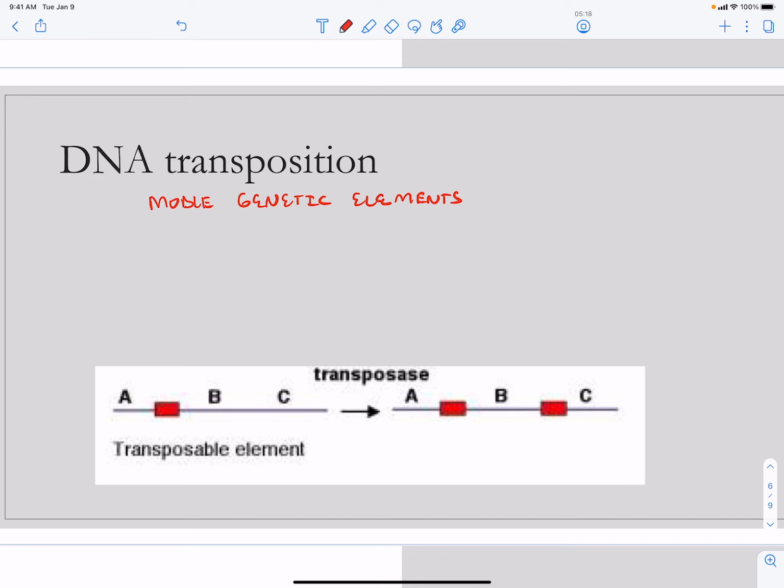These mobile genetic elements, or transposable elements, can move from one region to another within a chromosome, or to another chromosome.